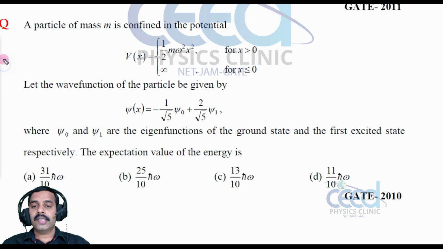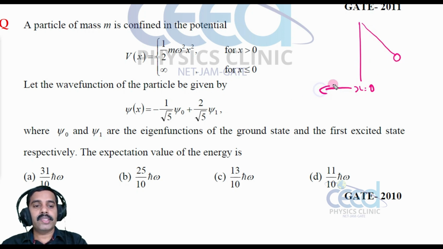It is a half harmonic oscillator, because the potential at x equal to 0 is infinity. So here only this harmonic oscillation, because x less than 0 means there the potential is infinity. If I consider my harmonic oscillator as a pendulum, it can't execute oscillation into this region because here the potential is infinity.